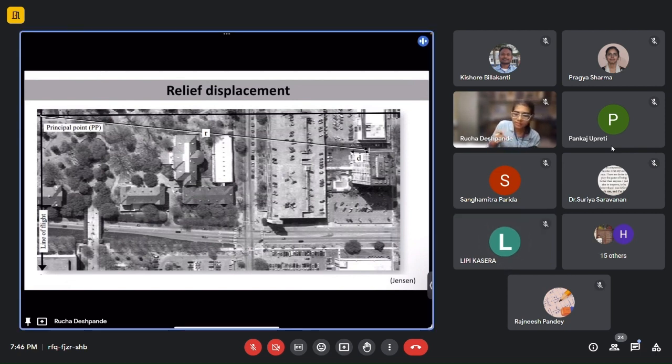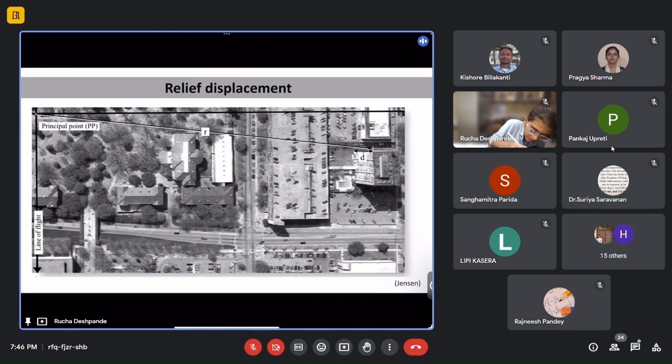Okay, so in this image we have the principal point here. The principal point is the point where the optic axis of the sensor camera intersects the ground surface. So this is the principal point, and this is the line of flight. The aircraft is going this way, or the satellite is going this way.